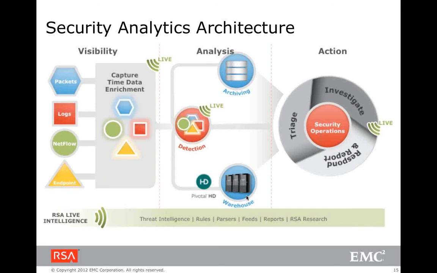And looking into the compliance requirements, we also need to be archiving these data. We need to be able to look back in time if I have to recreate a whole thing. So that is where I allow my archiving system to store long-term data, my detection to do my real-time analysis, and my Pivotal system or my warehouse system to be able to predict that something might be going wrong.